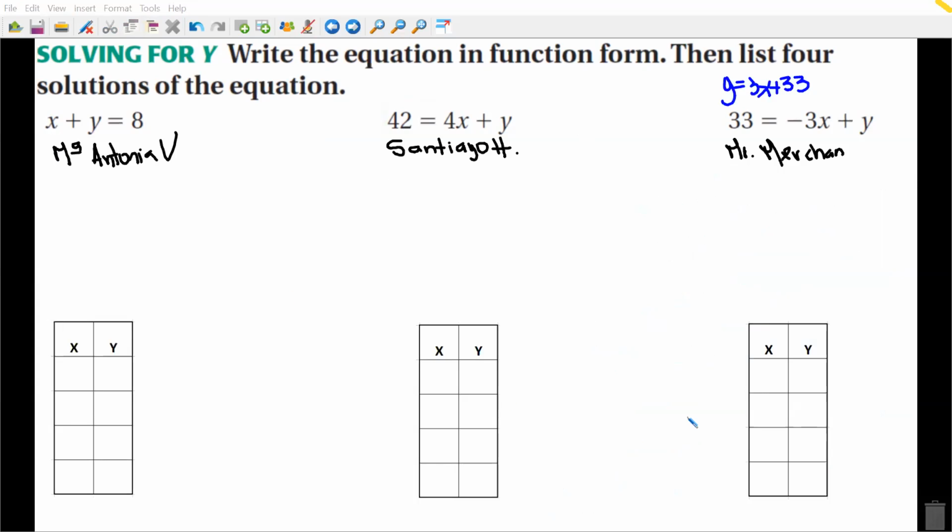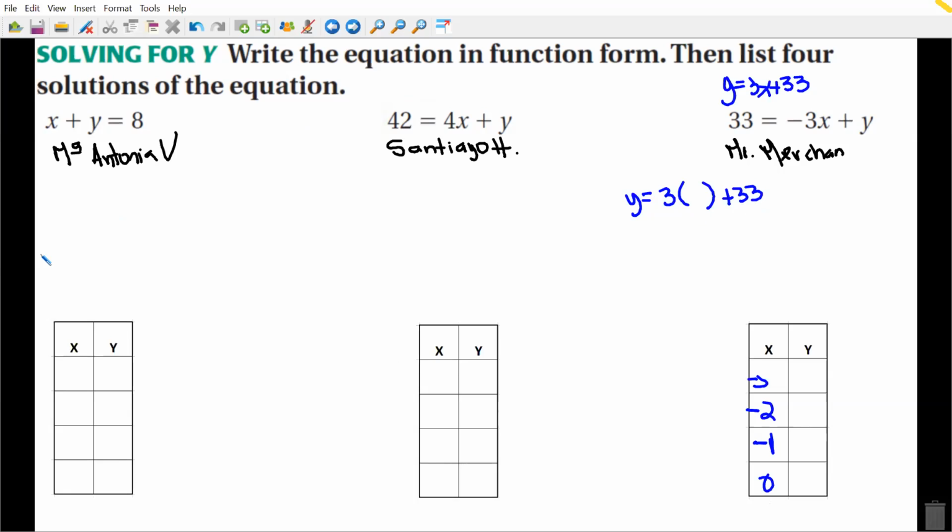Okay, so you'd like to replace it for a negative 3. What else? Negative 2. Negative 3, negative 2, negative 1, and 0. Okay. Now, y is equal to 3 times, plus 33, right?